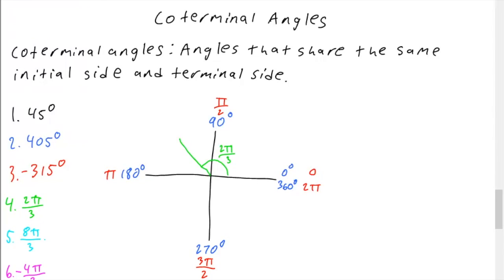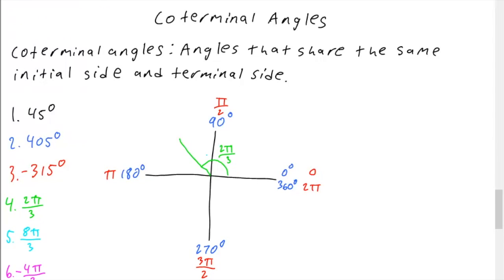Now, what if I have 8 pi over 3 radians? Well, we've got 2 pi radians is a full amount around, so what we need to do is keep going after that.